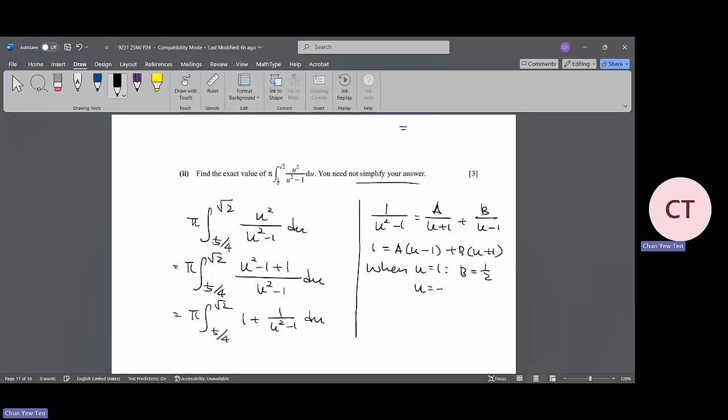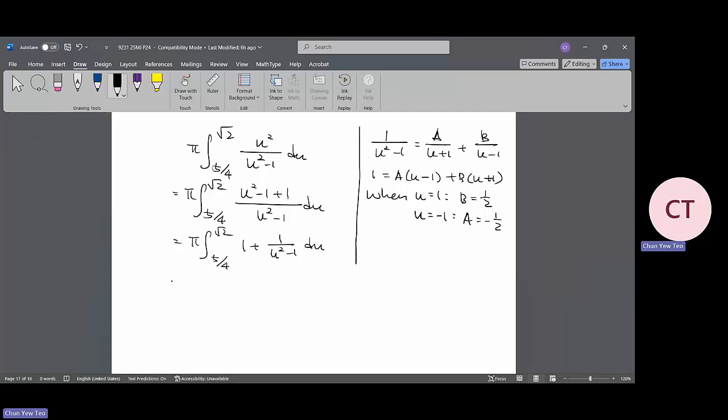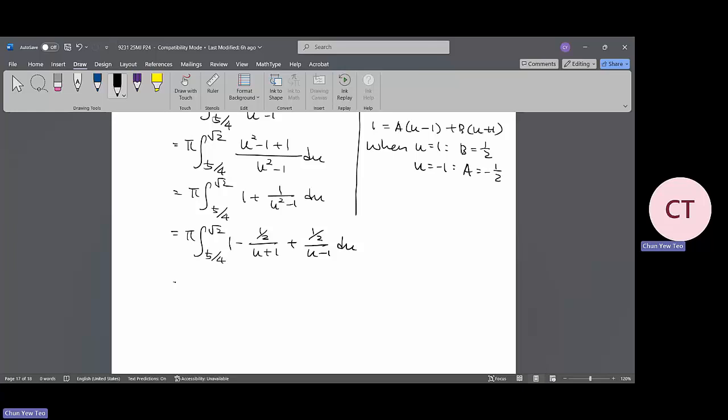When u is equal to -1, you have a equal to negative half. So therefore, you will need to expand this expression to become minus the half of 1 over u plus 1 plus the half of 1 over u minus 1 du. So just integrate them one by one.